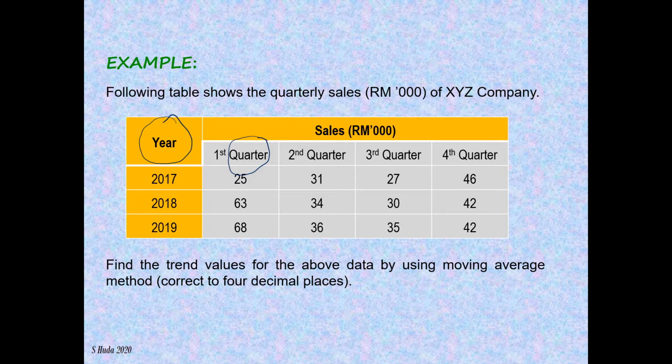Year is the main unit, meanwhile quarter is the subunit. If you want to identify whether the data is an even or odd case, focus on the subunit of time. Based on the data, the subunit is quarter. How many quarters? 4 quarters. Therefore, this is an even case.